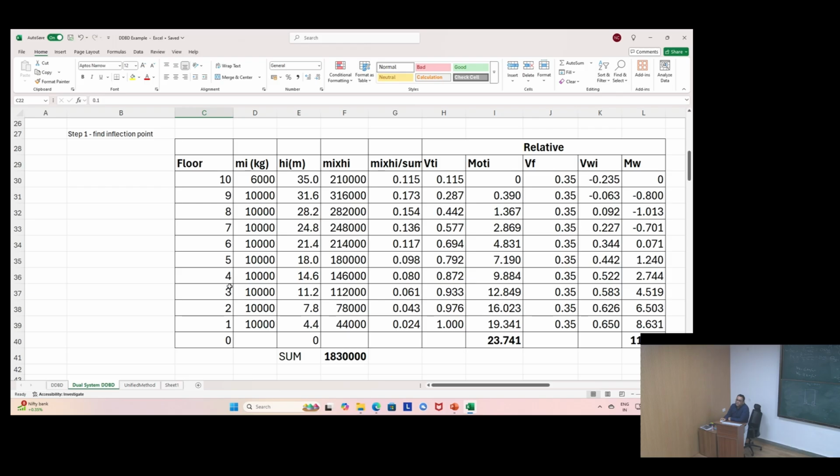So first story, second story, all the way to 10th story. These are our masses that are given to us, 10,000 kilograms and 6,000 kilograms. This is our height, 4.4, and then we add 3.4 for every story. You'll reach 35 meters total height.